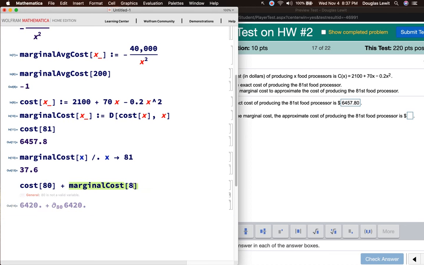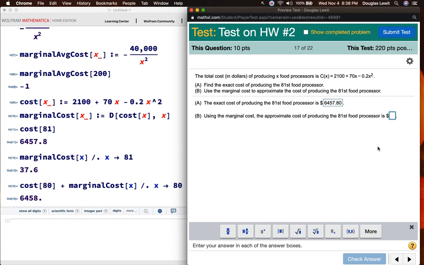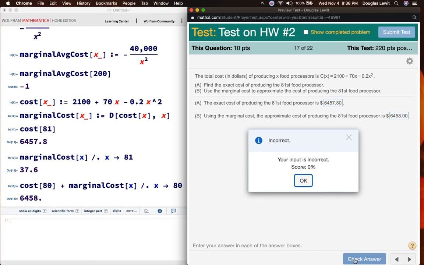This should actually be X. And then X is replaced with 80. Okay, so here I'm getting a very close answer. I'm getting a good approximation. The answer is going to be $6,458, which is pretty close to $6,457.80. Let's see if Pearson agrees with my answers. Okay, Pearson does not agree with my answers.